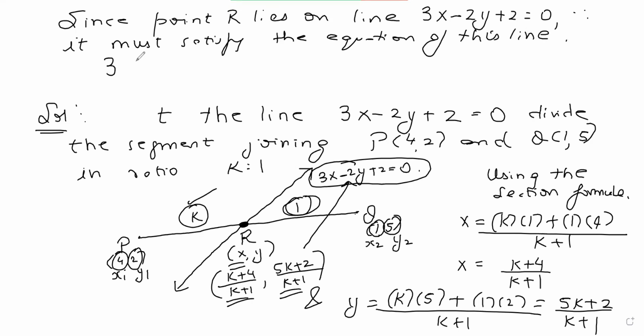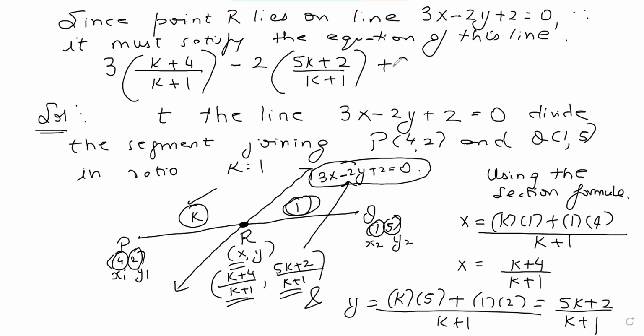So 3 times, what's the x coordinate of R? (k + 4)/(k + 1), minus 2 times, what's the y coordinate? (5k + 2)/(k + 1), plus 2 is equal to 0.